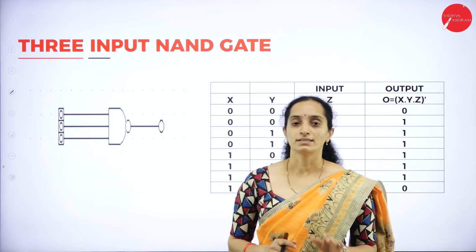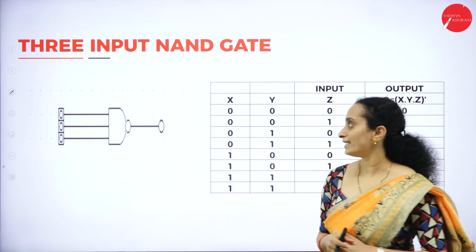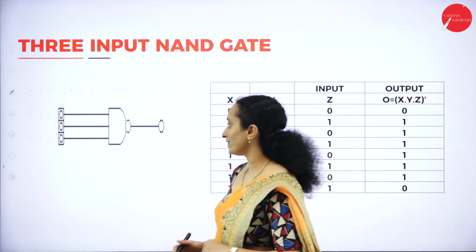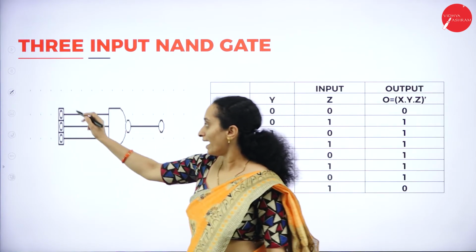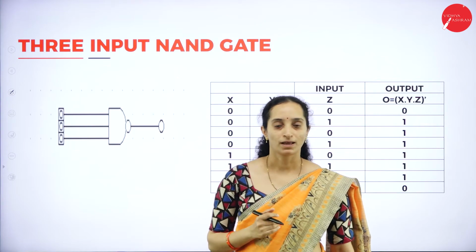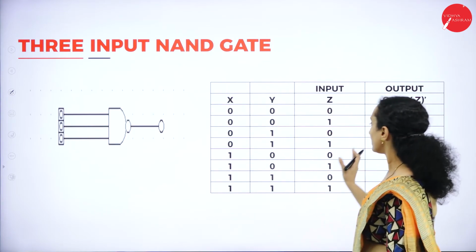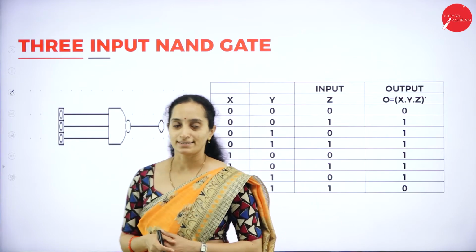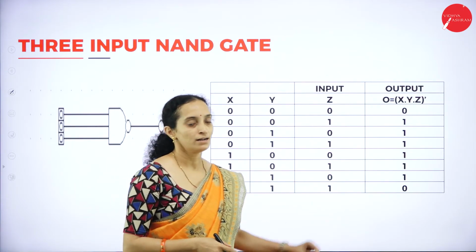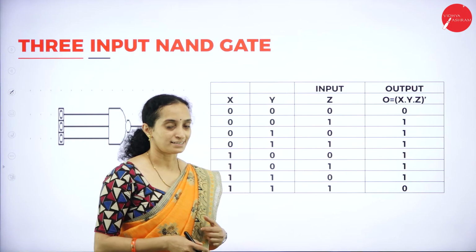Then we have the 3 input NAND gate. How do you represent the 3 input NAND gate? It is an AND gate with a circle and 3 inputs. The table for the NAND gate is similar to that of OR gate. You can observe here the reverse of AND.